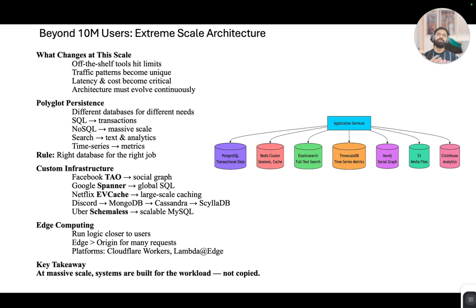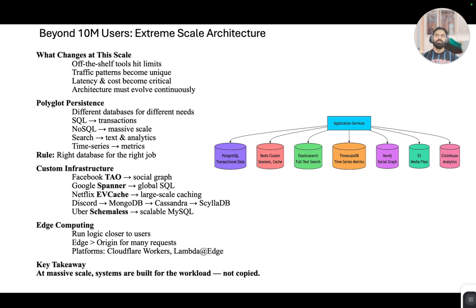So why does a company build a custom system? Sometimes even the right database is not enough, right? At a massive scale, some companies build custom systems because existing tools cannot meet their needs. For example, Facebook TAO, right, built to handle the social graph with extremely low latency.